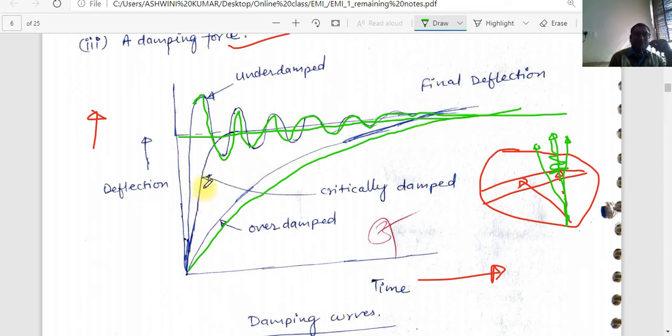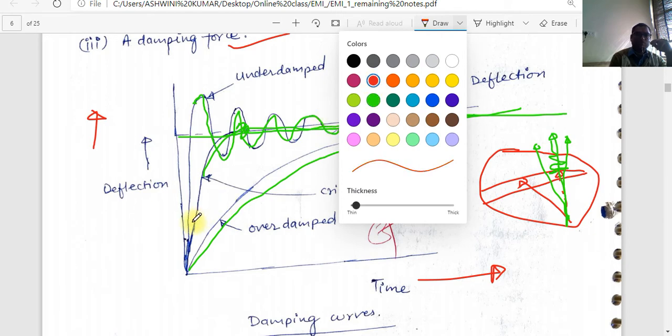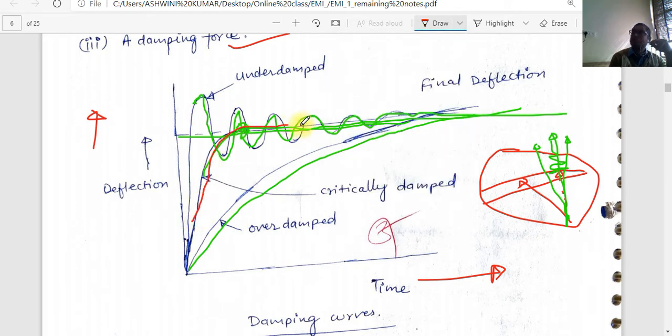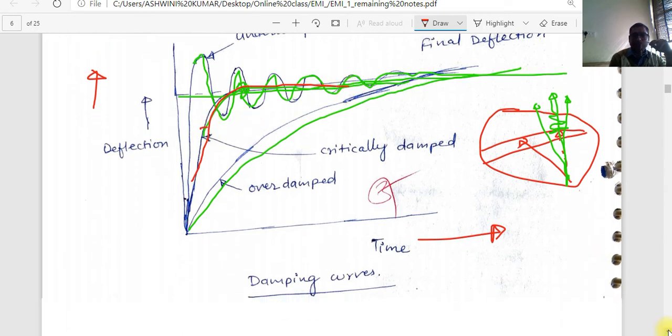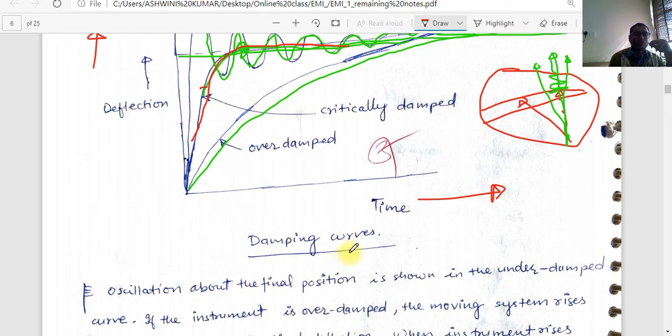If we take critically damped, it works suddenly and settles the pointer at its final position like this. So we can take this for the settlement of the final deflection position. We choose this category.